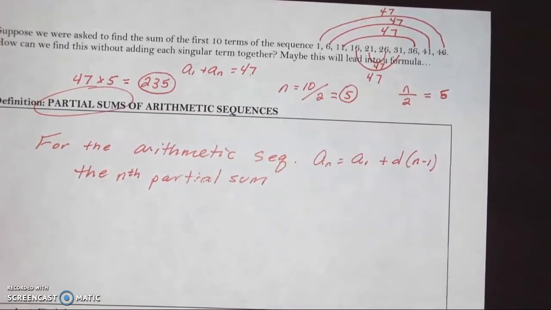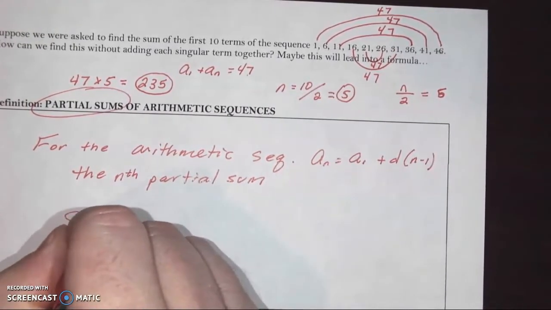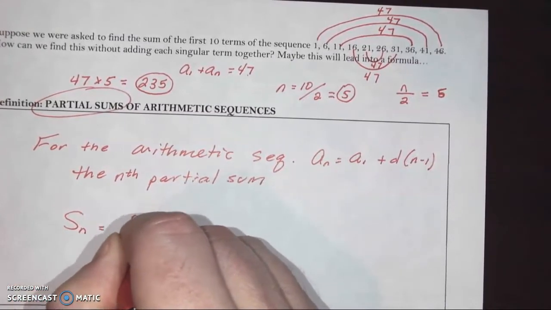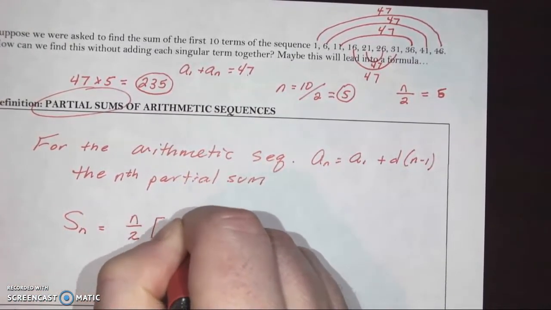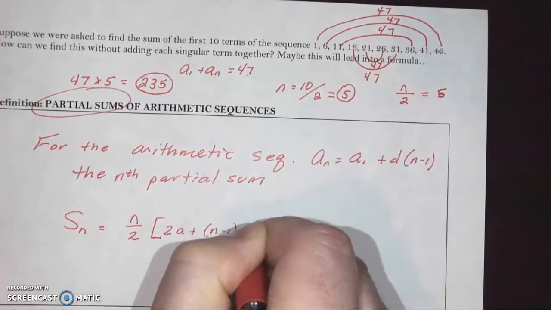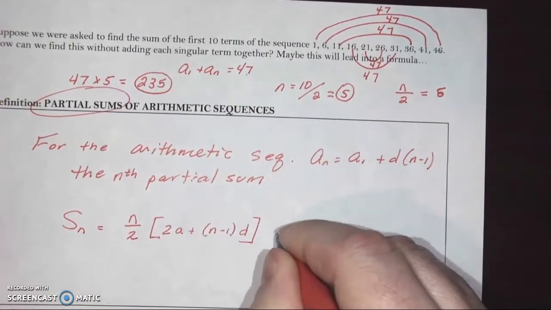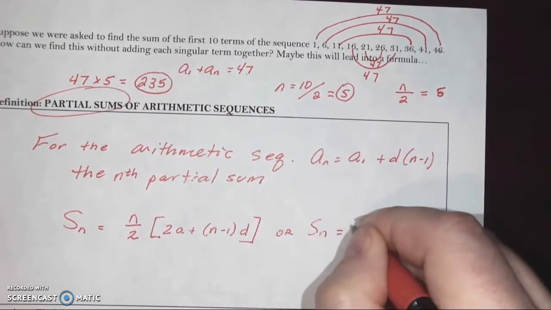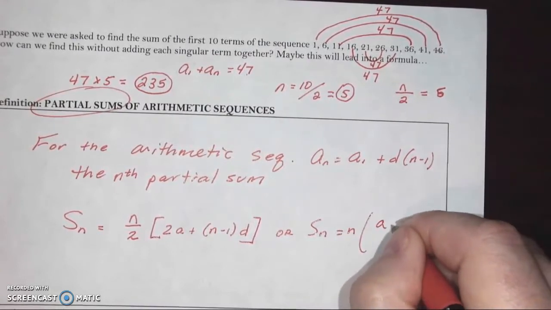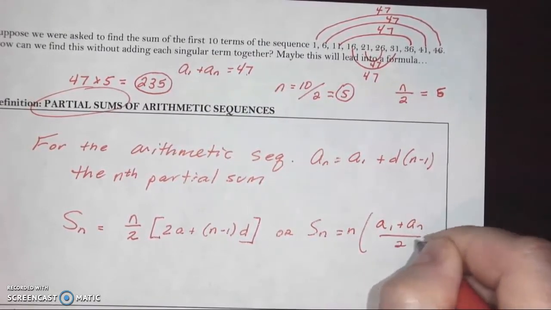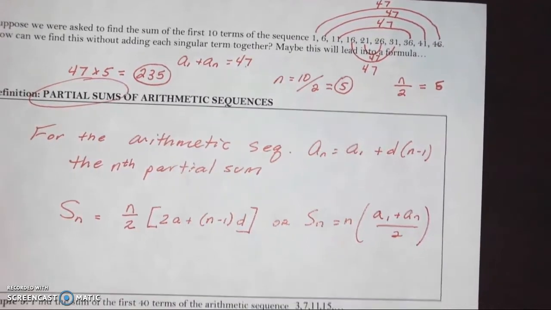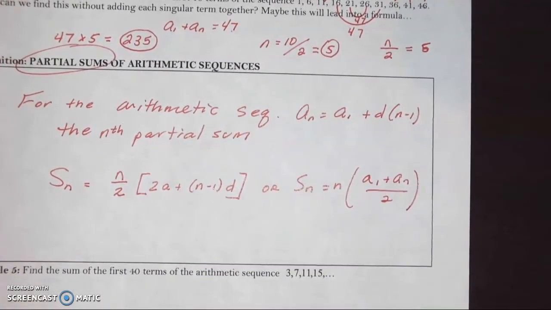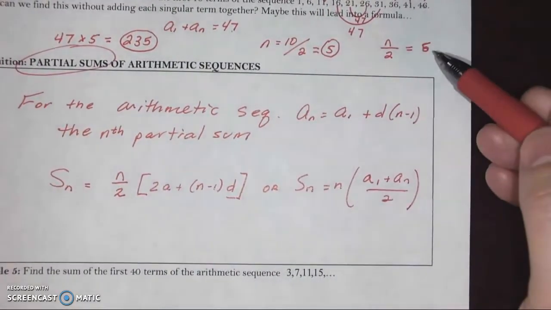A couple different formulas we can use. Which one of those is representative of what we did up here where we grouped them into 2?